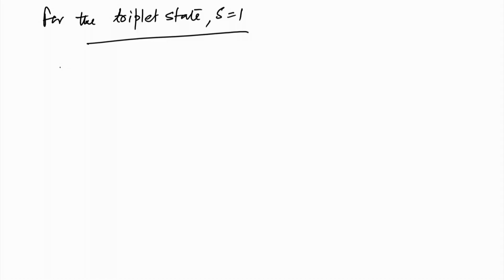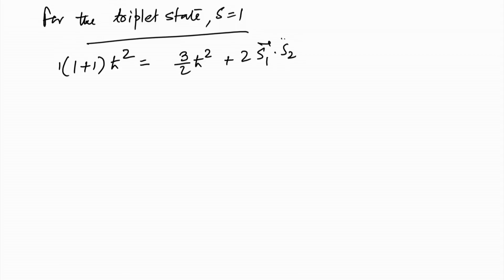Whereas, for the triplet state, which corresponds to S equal to 1, that will have 1 into 1 plus 1 ħ square for the left hand side, which is equal to 2 ħ square, equal to 3 by 2 ħ square plus twice S 1 dot S 2.